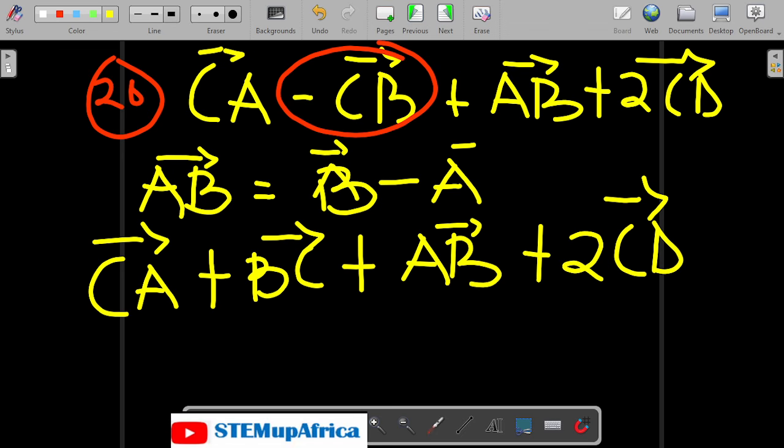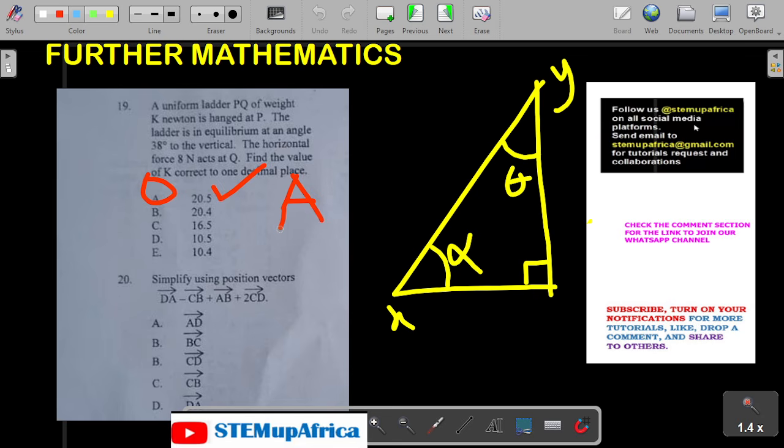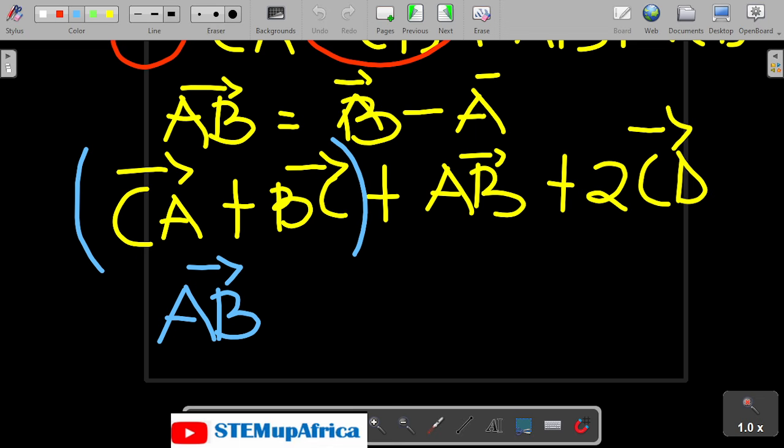So here I can first of all simplify these two. Okay, first one is DA.